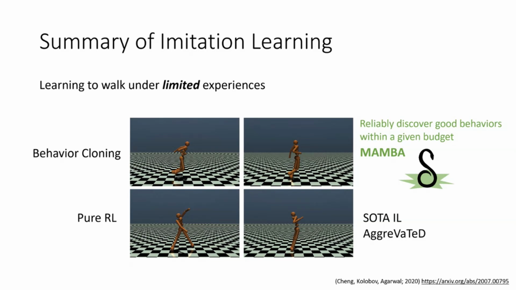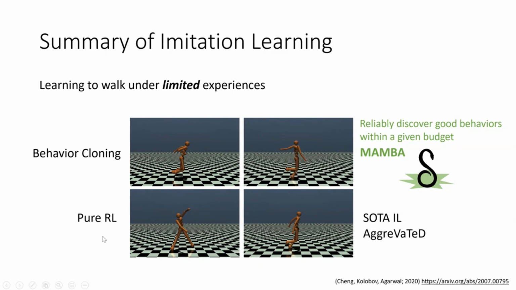It runs, it goes a bit further. It still falls down pretty quickly. Our algorithm Mamba, on the other hand, takes off, runs, and keeps going on and on and on.